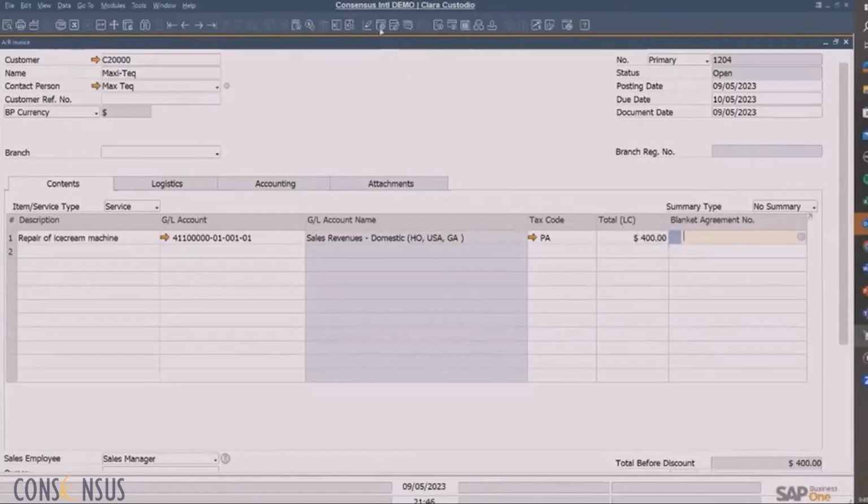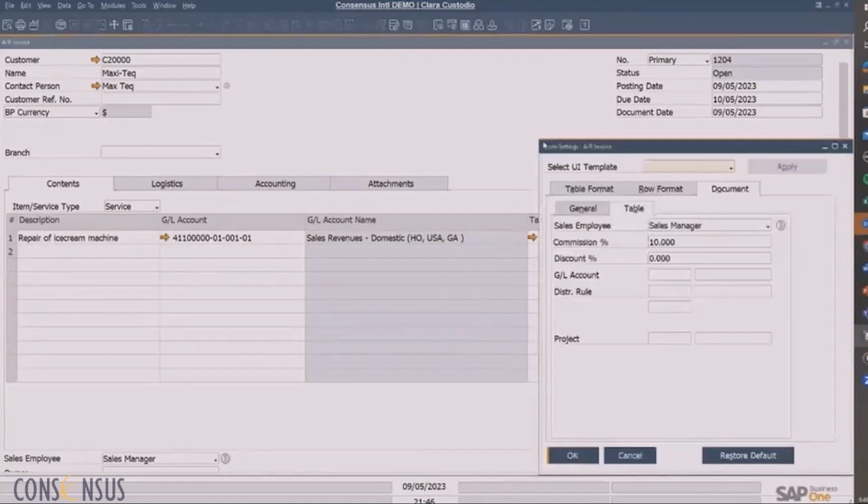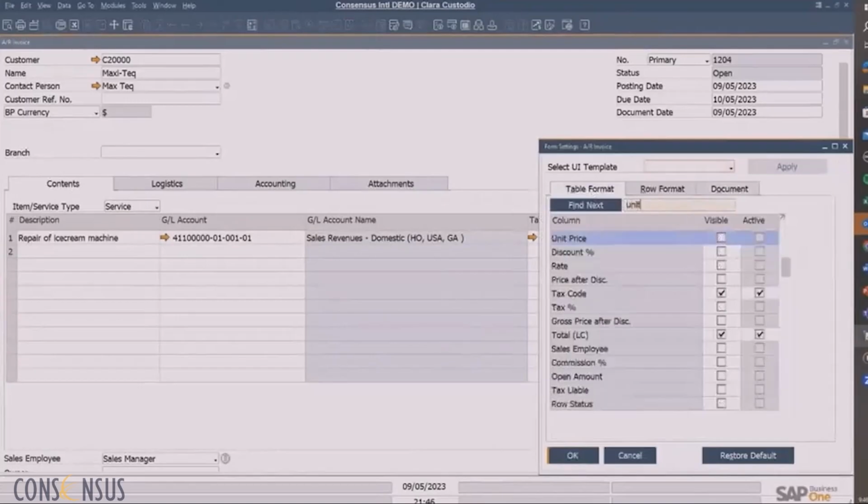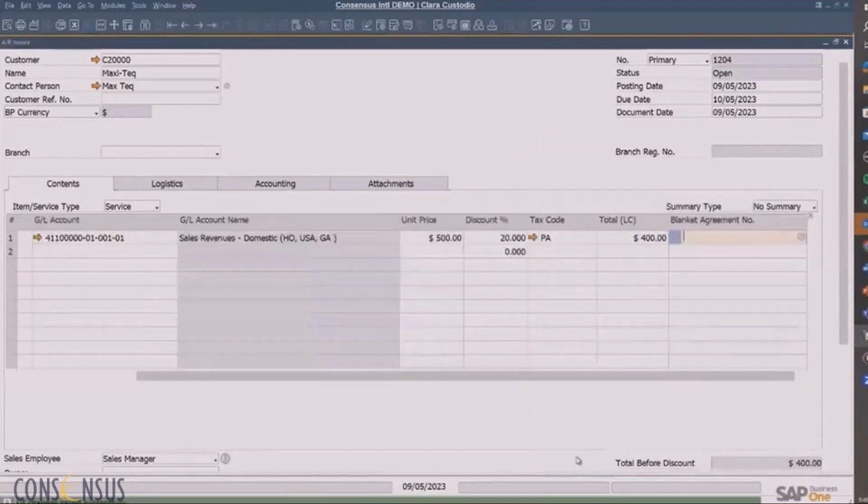So in order to avoid that, what we recommend is that when you work with service invoices, you always have available and visible the unit price as well as the discount. So when you activate both these fields on your service invoice, you only need to add them once, and then every time you open a service invoice, they would be visible.